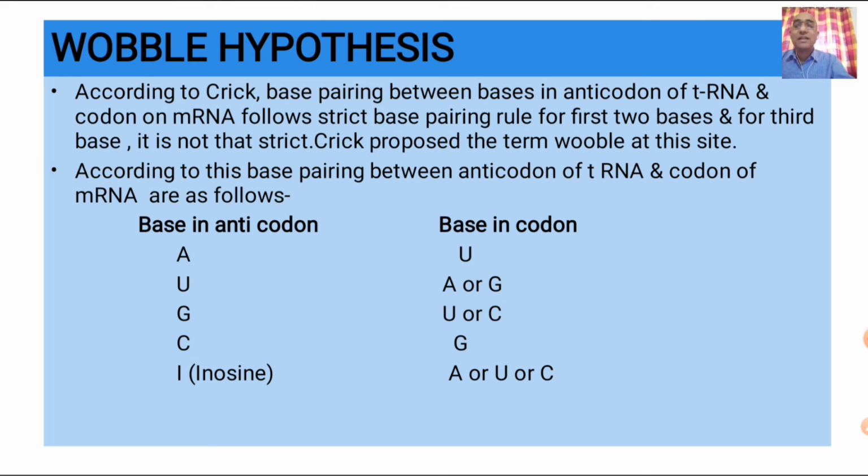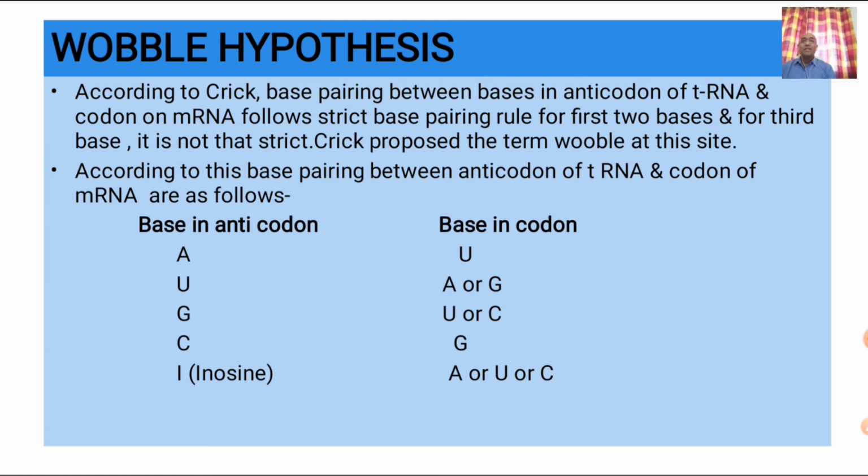Similarly, if the base in the anticodon is G, then the base in the codon is U or C. If the base in the anticodon is C, the base in the codon is G. Another one that you might not have come across is inosine. If the base in the anticodon is inosine, then the base in the codon can be A, U or C.